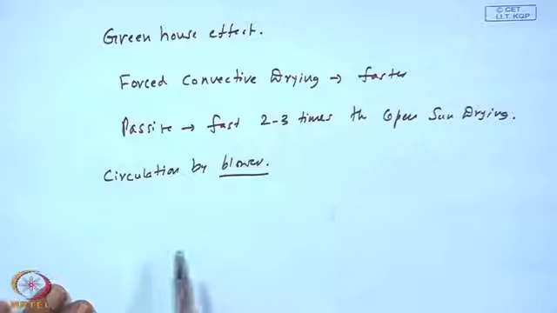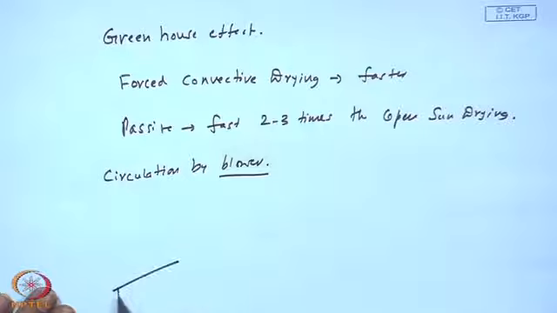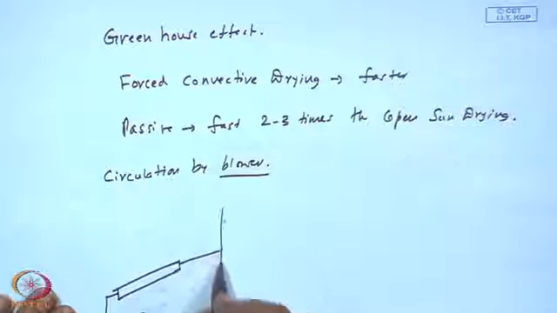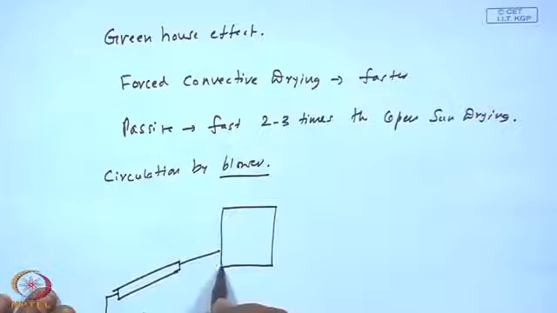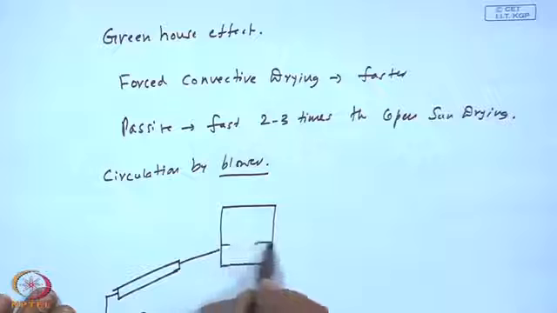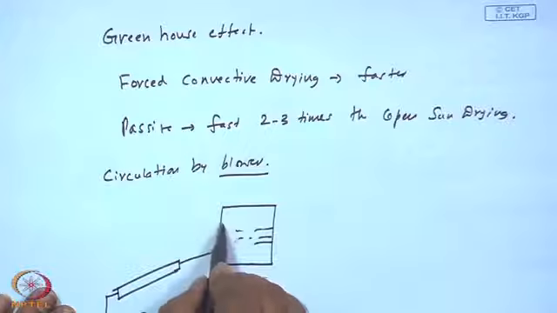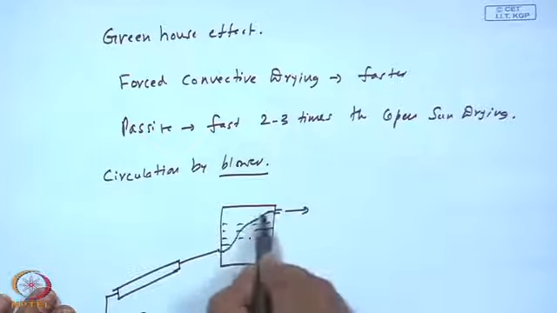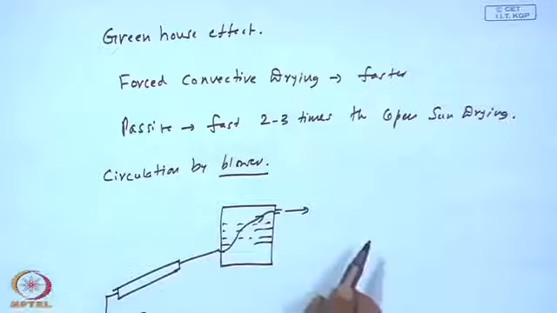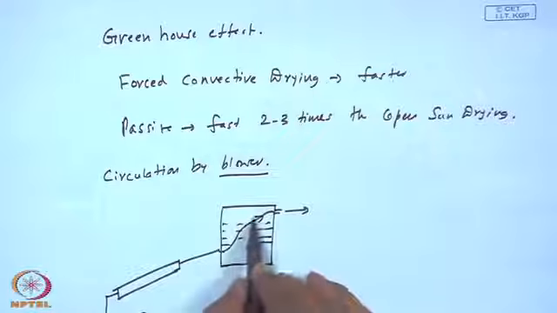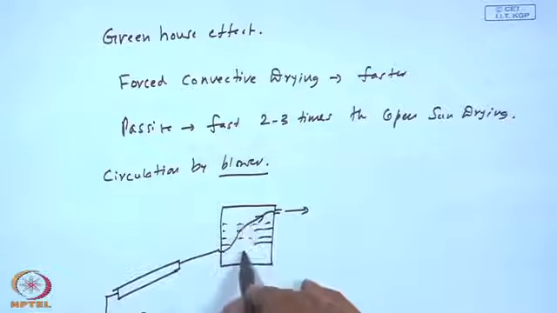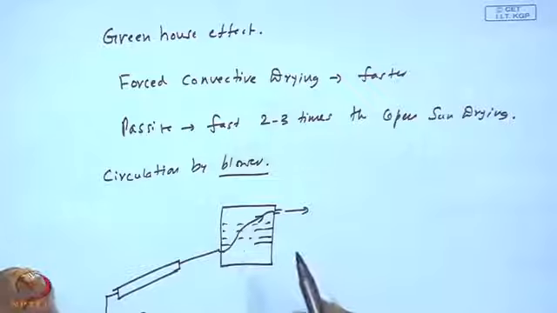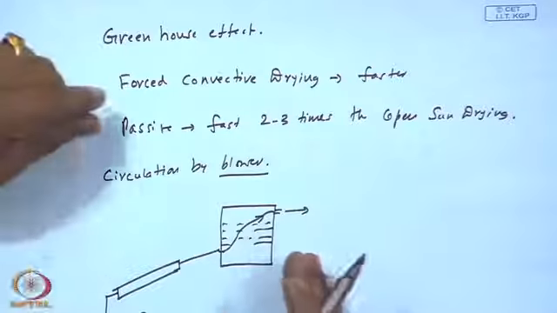This is your solar collector through which air is being circulated. This goes to a cabinet dryer, and I may have a number of trays, and the air goes up and goes out. In that process, of course, you can shuffle these trays from bottom to top and top to bottom, so that there is a uniform drying at the end of a certain period.